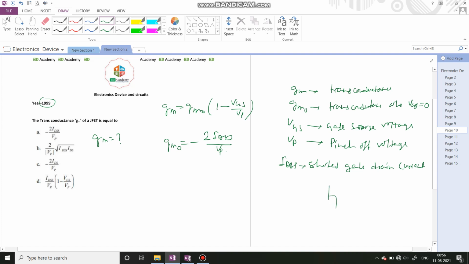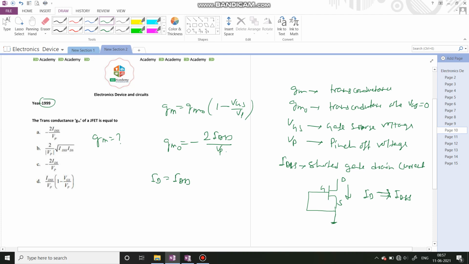Suppose this is a FET, with gate, source and drain. If the gate is connected with the source, the drain current ID is called the shorted drain current, IDSS.